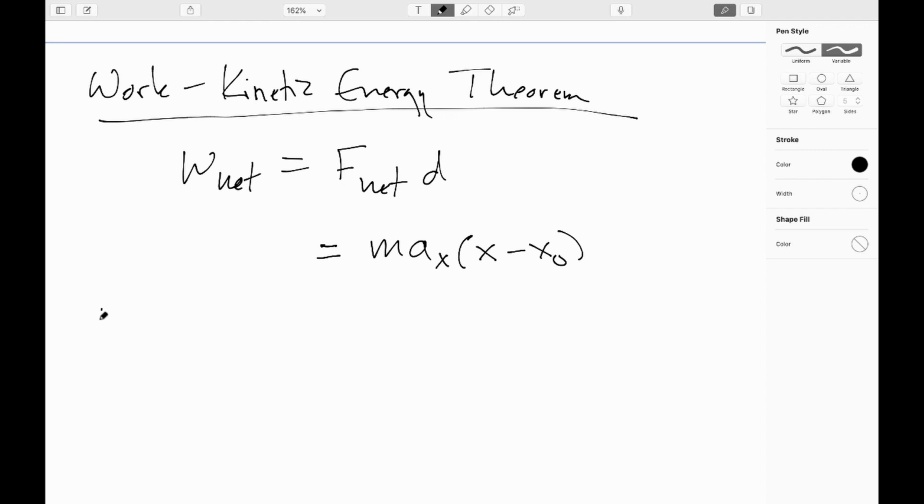And then we recall from our study of kinematics that this bit right here looks a lot like the missing t equation, and you'd be correct. We recall that v squared minus v initial squared is equal to 2a times x minus x naught.